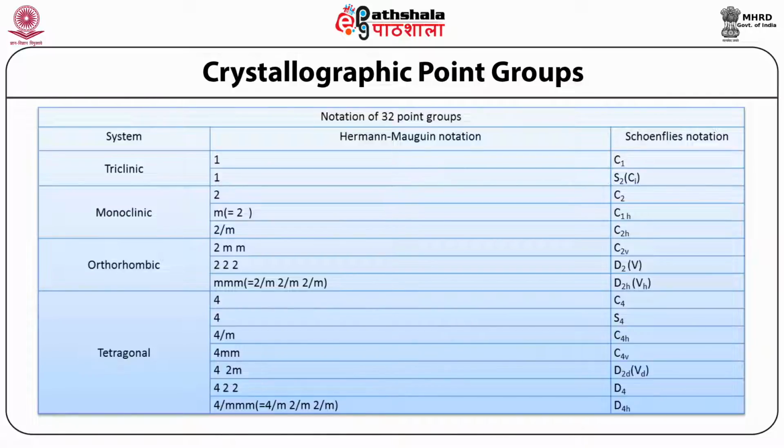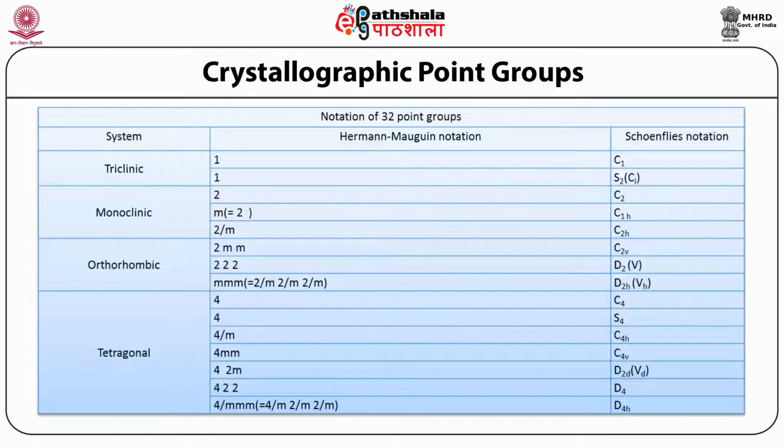For m, we represent in this notation as C subscript 1h, and 2 by m is represented as C subscript 2h. In the orthorhombic system, there are 3 notations, 2mm, 222, and mmm, which is equivalent to 2 by m, 2 by m, 2 by m.